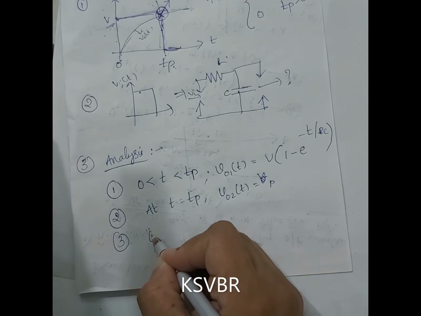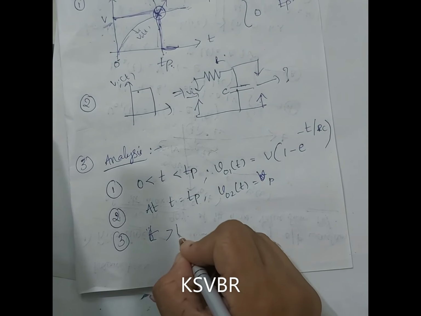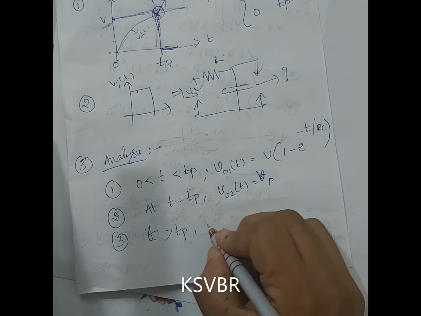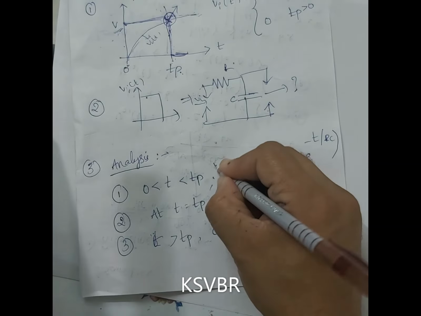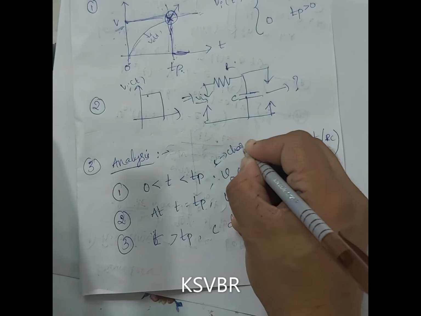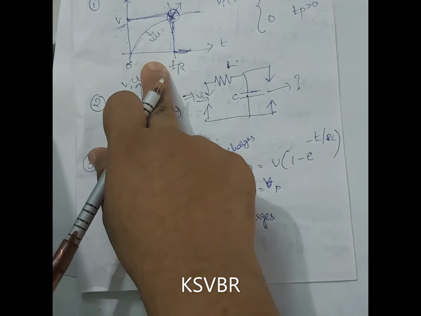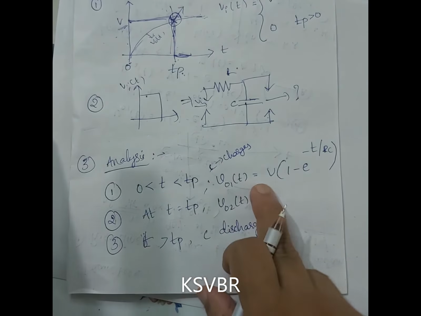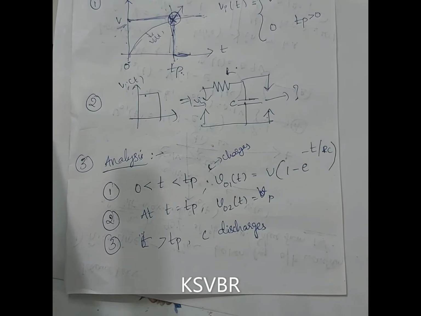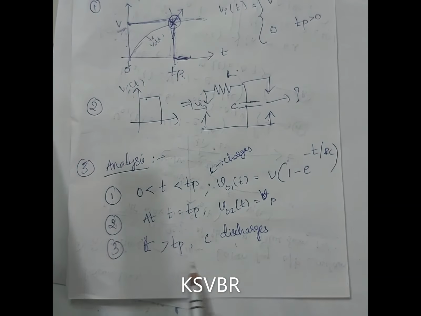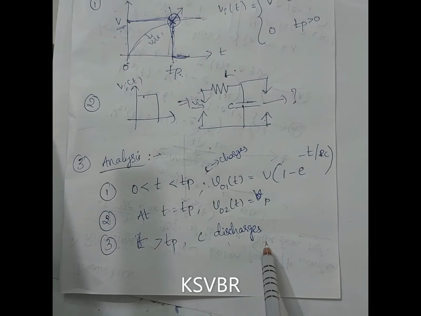So for t greater than Tp, what will happen? Capacitor discharges here. Okay, here capacitor charges because there is excitation, input is there, so capacitor charges and V01 of t is similar to our step input signal, and at t is equal to Tp, it reaches some point which is not equal to V. At t greater than Tp, capacitor starts discharging.